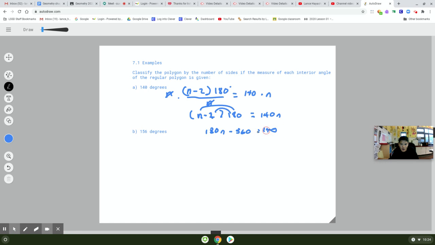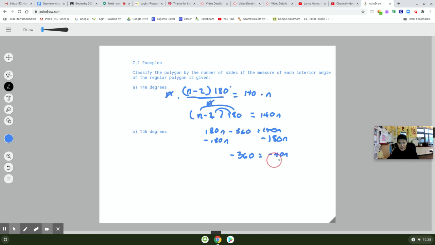And then I can solve this for n by using inverse operations. Subtract 180n from each side. On the left side, you have negative 360. On the right side, 140n minus 180n. I forgot to put the n there, but that's negative 40n.